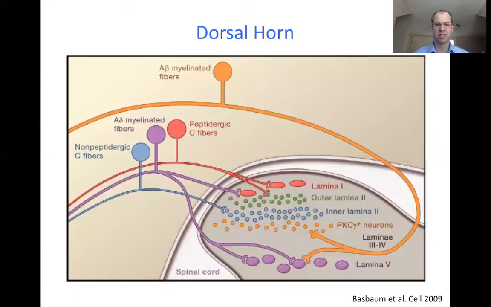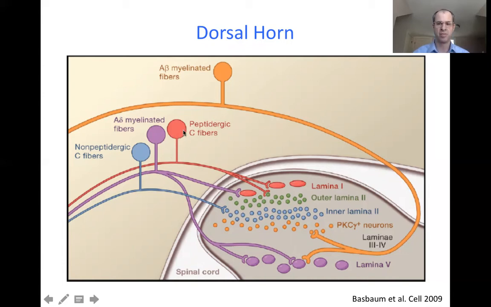Looking in more detail at the different types of sensory neurons and where they project into the dorsal horn, nociceptors are broadly defined as unmyelinated C fibers.